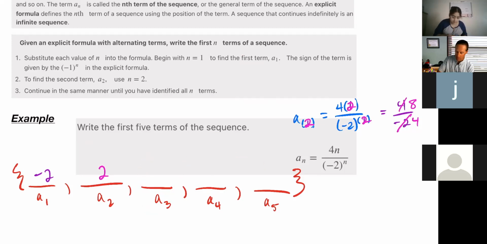So now I'm going to go over here and plug in 3 everywhere, which is going to give me a 12 over a negative 8 in the denominator. Remember, if it's a negative raised to an even, we will have an even number to make that positive.